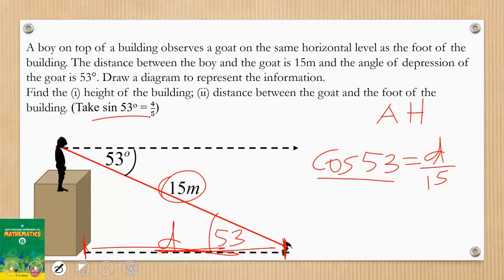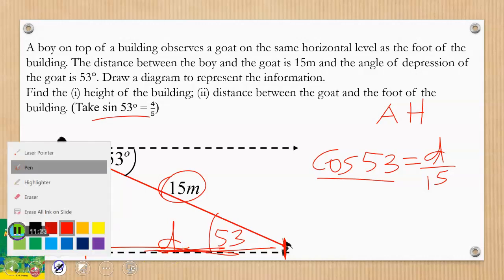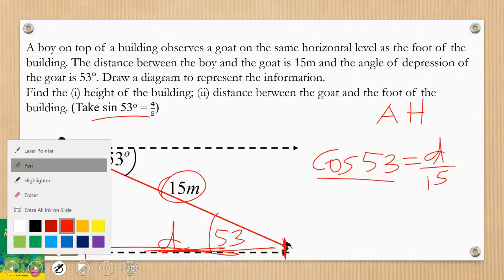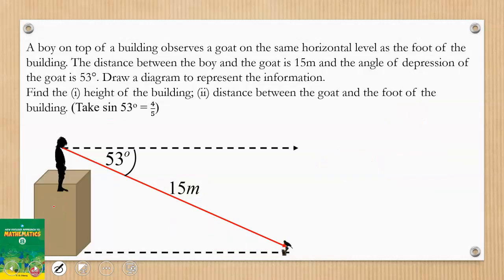Since we know our opposite to be 12, which is the height, we'd rather go for the Pythagoras theorem to find D, because we know the hypotenuse, we know the opposite side, and we want to find D. So instead, we go like this. Hypotenuse squared, 15 squared, is equal to 12 squared plus our D squared.